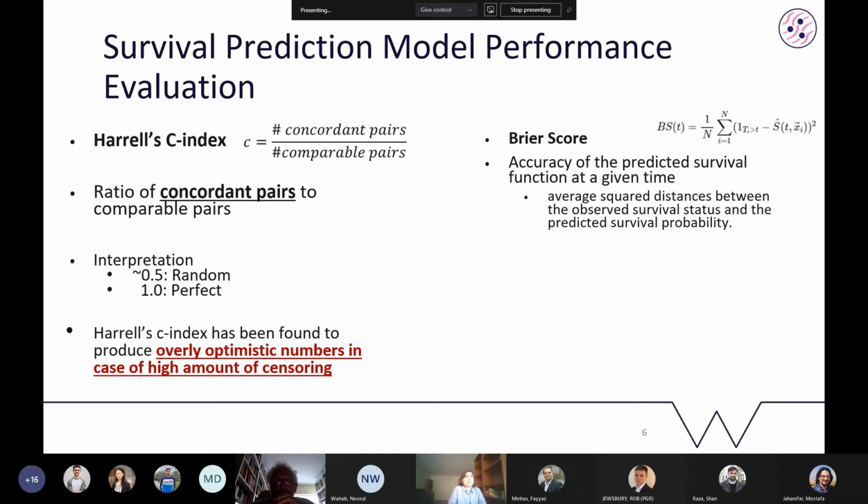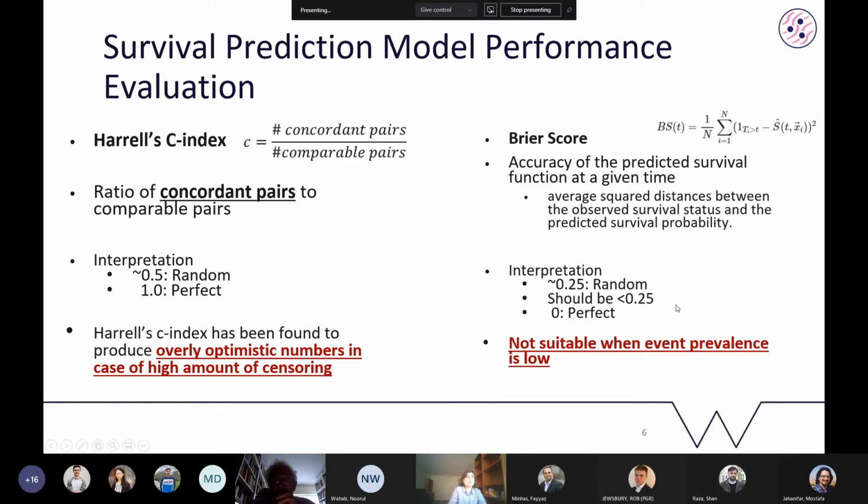It is the squared distance between the observed survival status and the survival probability as predicted by your model. So this is basically an error measure, and you get a value between 0 and 1. You get a 0 if your survival model is perfect.